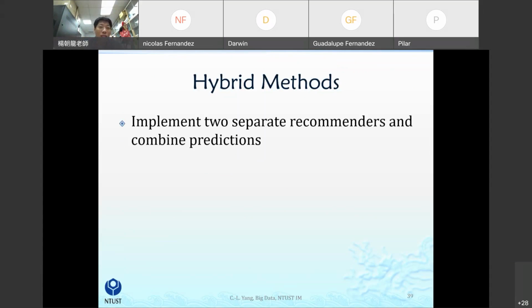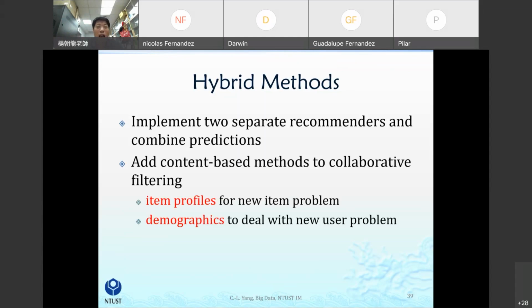You can even add content-based methods to collaborative filters. For example, you use the item profiles for new items. I think it's a good idea, right? For those new items, such as a new pair of shoes or new laptops that have never been purchased before, you use the item profile to describe it.